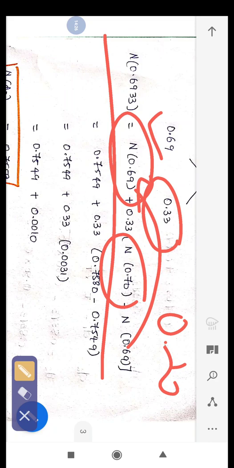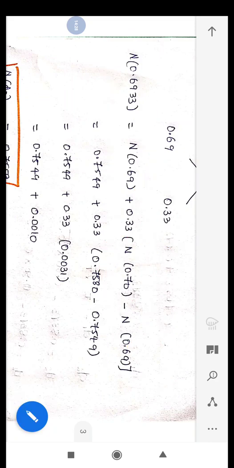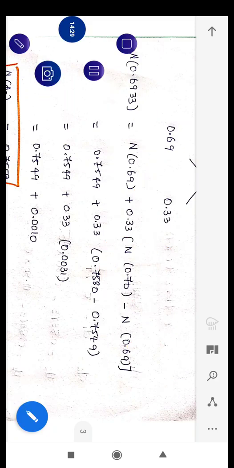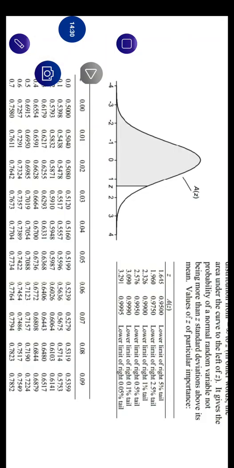So now we have to see the value for this one. Let's look into the statistical table. So see here, the value for which number we want is 0.69, right? So 0.69, 0.6 here it is there, 9 it is here.